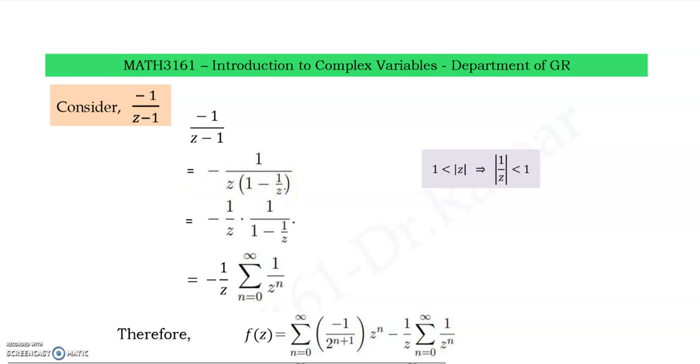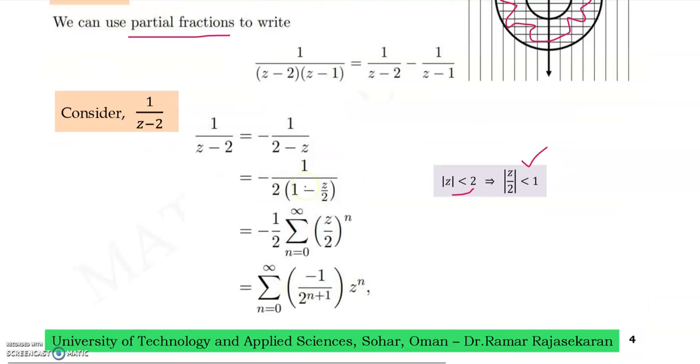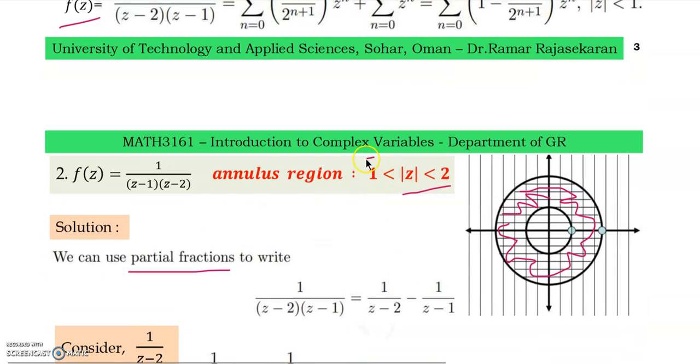Why am I taking z as a common factor? In the previous question I took 1 outside, but here I am taking z outside. Why? Because I have to use the other part of the condition. I already used one part, so I have to use 1 less than mod z.